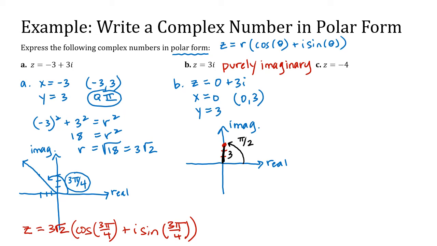Where you do have to do a computation is if you're not on an axis. So for this one, if I just draw a picture, then I can say that z equals 3i in polar form is equal to 3 times the quantity, the cosine of pi over 2 plus i times the sine of pi over 2.